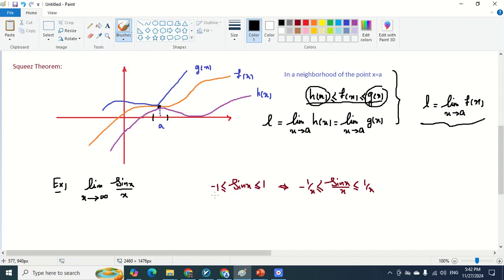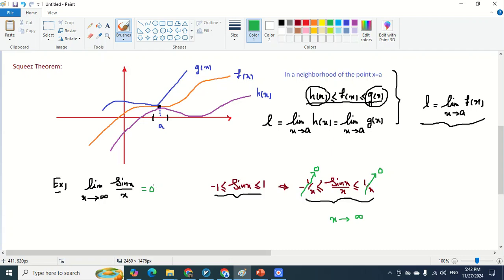We know that sine x is a value between 1 and minus 1, and if I divide it by x, then I reach this value. And over here, if I tend x to plus infinity, as you can see, the value of 1 over x tends to 0 because it's 1 over infinity, and the value of minus 1 over x also tends to 0, and because of that the value in the middle, sine x over x, should also tend to 0 as well.